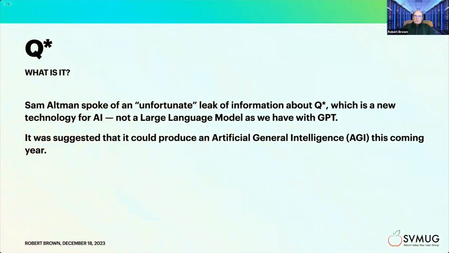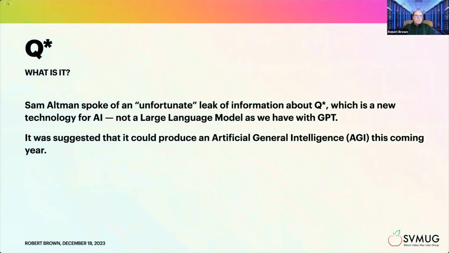And it too is one of the contenders for producing an artificial general intelligence. So we have two things coming out of OpenAI. One says that GPT 4.5 Turbo is going to be the major turnaround and take us to the next level. And then we have this other one that says this mysterious Q star is going to do that.